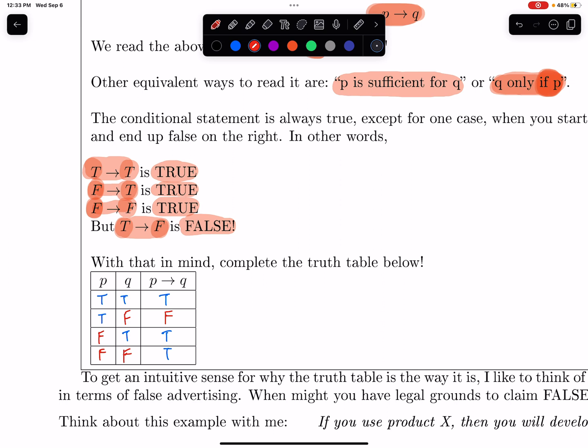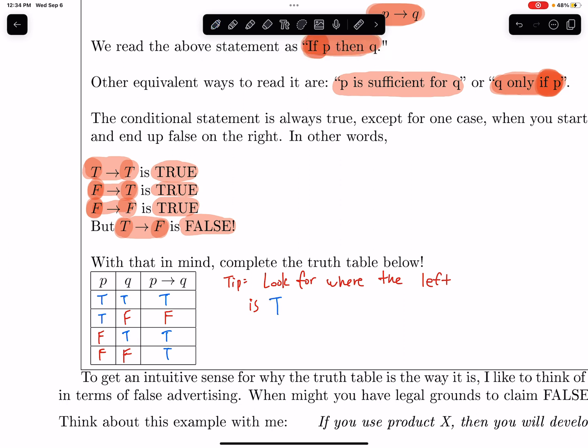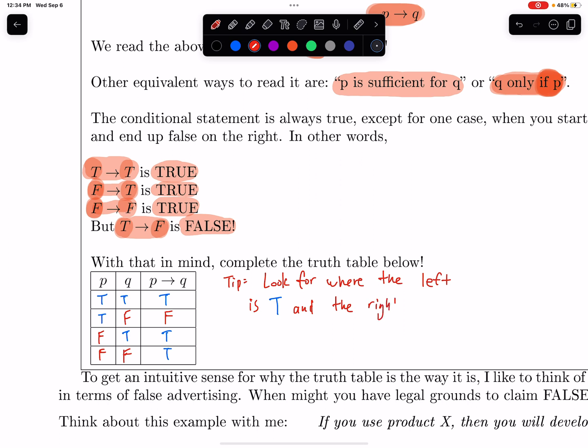Now, this brings up another little trick or tip. When you're doing a truth table with the conditional statement, look for where the left is true and the right of the arrow is false.